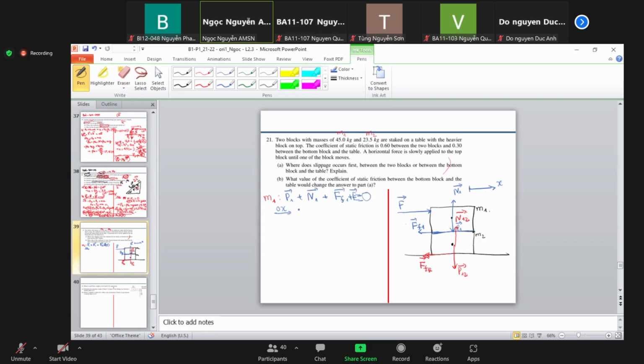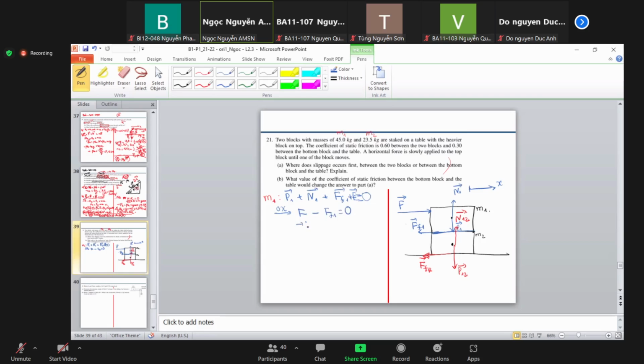So if I project it on OX, I will have F because F has the same direction with OX. Okay, we don't care about P1 and N1 because they are perpendicular to OX. Okay, minus F1 because it's opposite, will be equal 0.